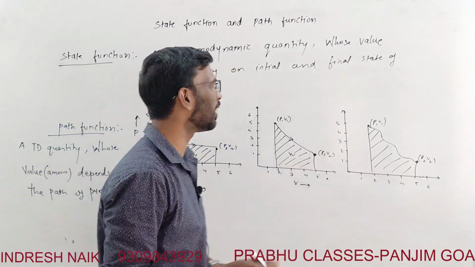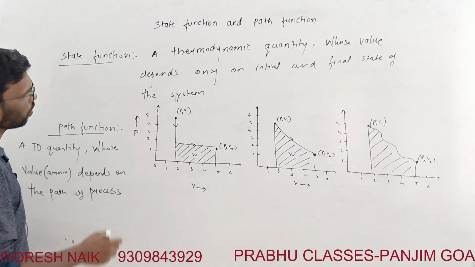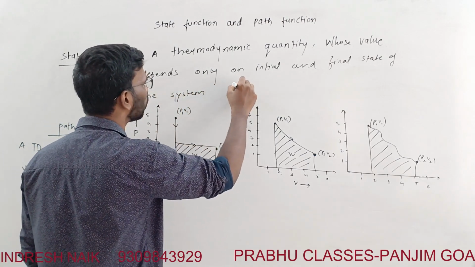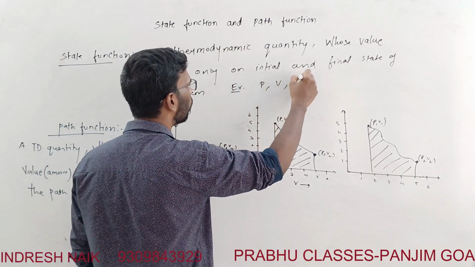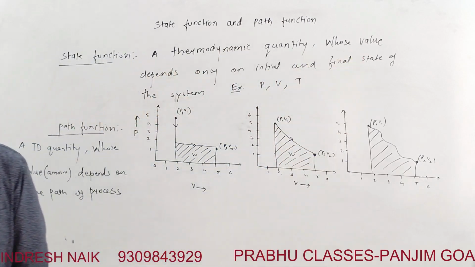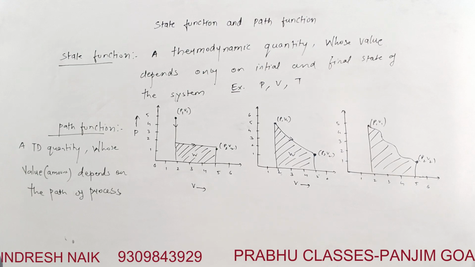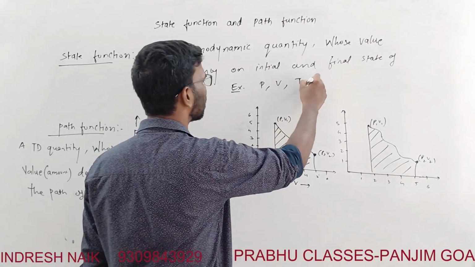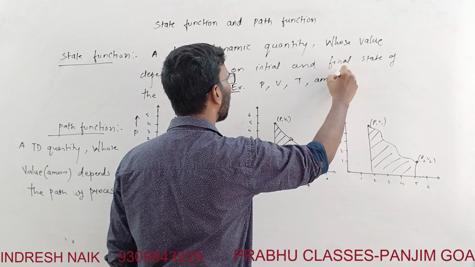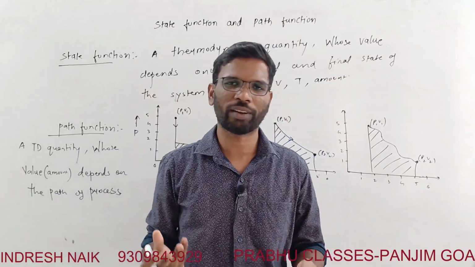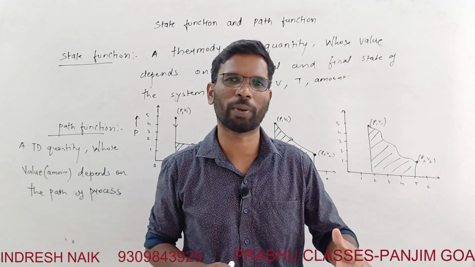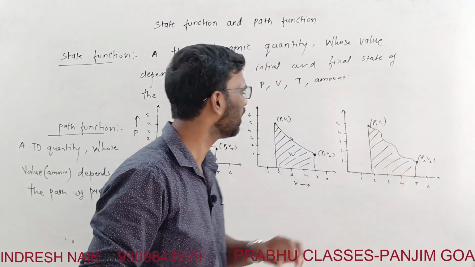So what we can say is that examples of state functions are pressure, volume, temperature, all these. Amount of the substance, okay, you can see that when I was doing the compression, whether I do it reversible or irreversible compression or the expansion, the amount of the gas was remaining the same, right?